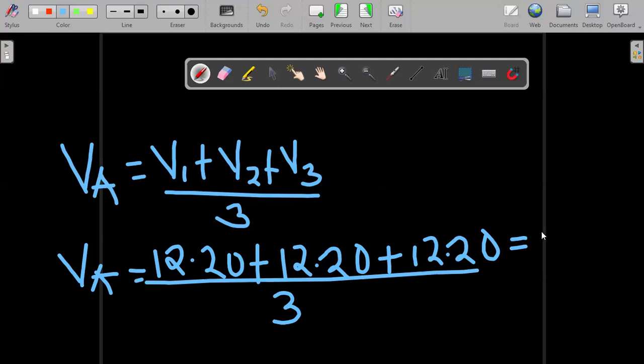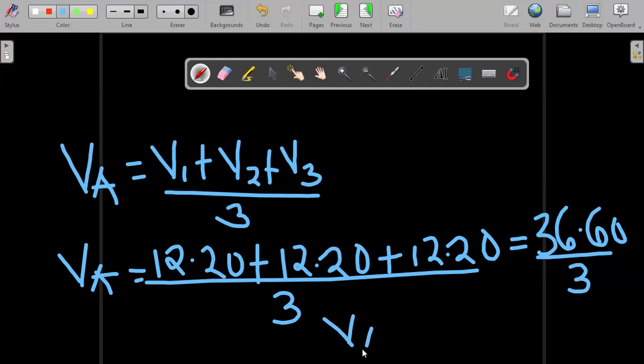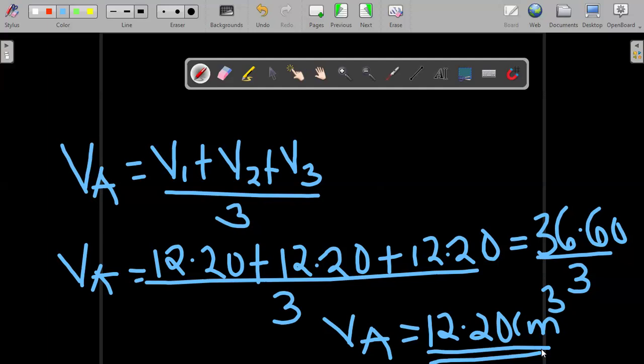If I add up, that will give me 36.60 divided by 3. So if you divide it, what will you have? I'm going to have 12.20 cm³. You can see, this is what you are looking for. At the end of the day, we got it back. Is it clear? Yes, sir. Victor, is it clear? Yes, sir.